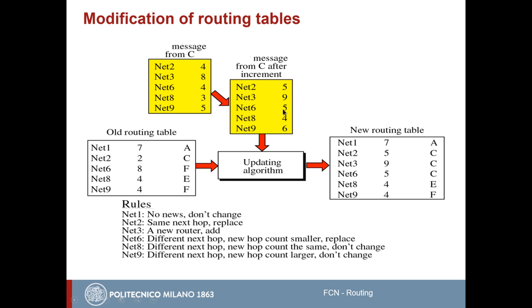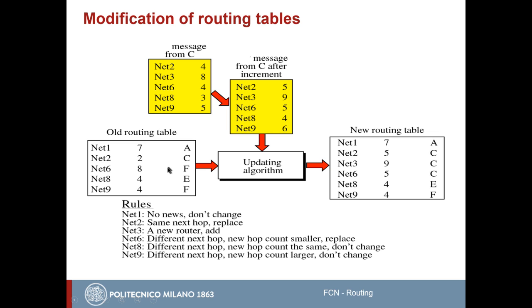So we have to update, because this means that net 6 is reachable with a shorter distance. The update is net 6, 5, and we replace the original next hop with C, because this indication came from C. So net 6 will be reachable at distance 5 if we go through C.